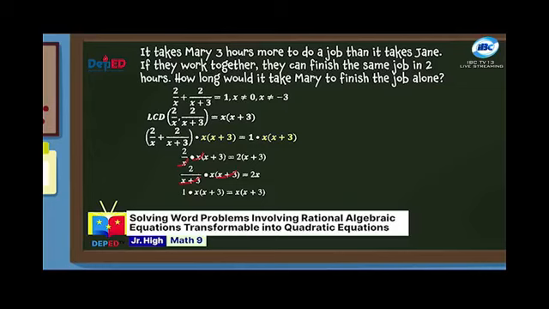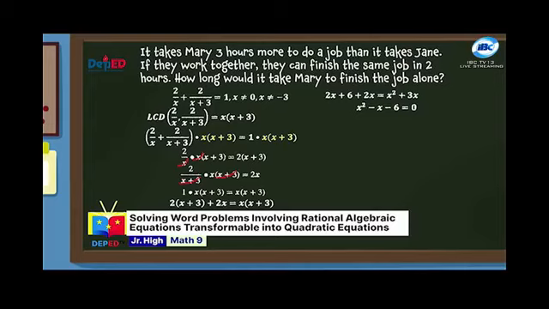Thus, the resulting equation is 2 times the binomial x plus 3 plus 2x equals x times the binomial x plus 3. This means that 2x plus 6 plus 2x is equal to x squared plus 3x. The standard form of this equation is written as x squared minus x minus 6 equals 0.